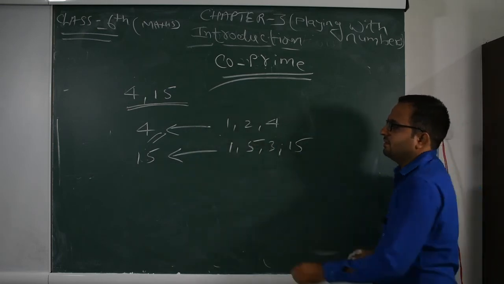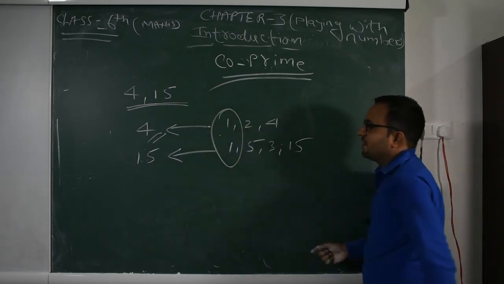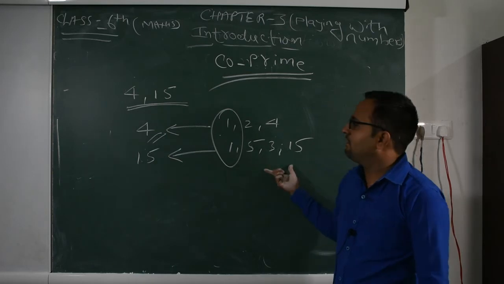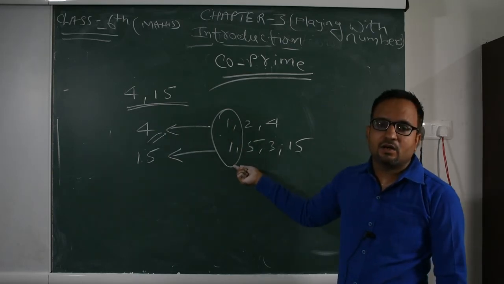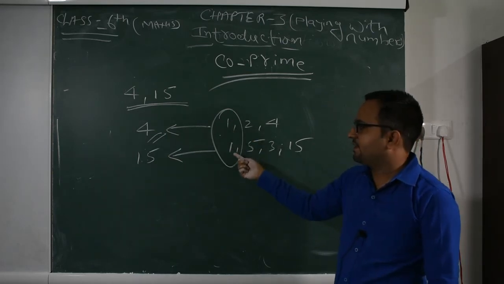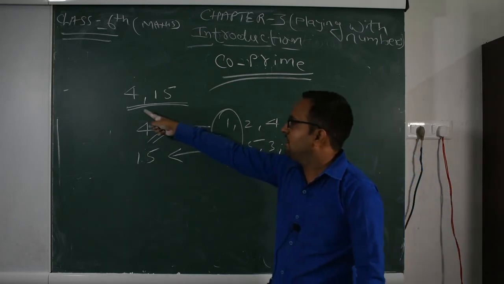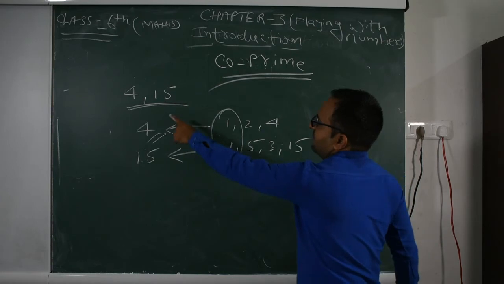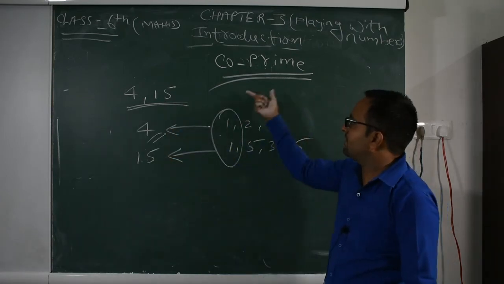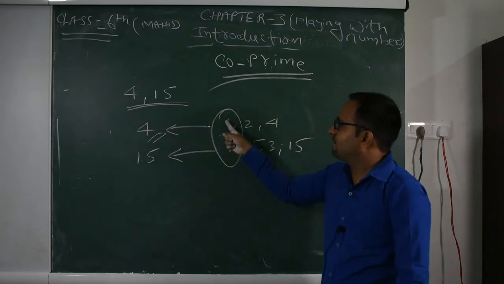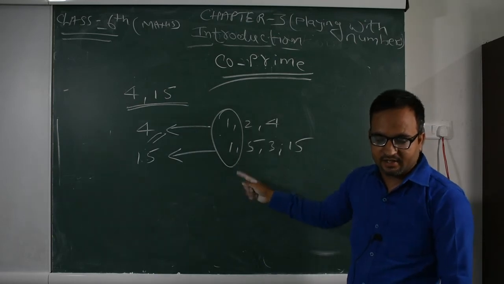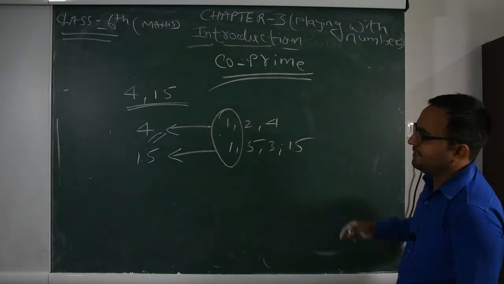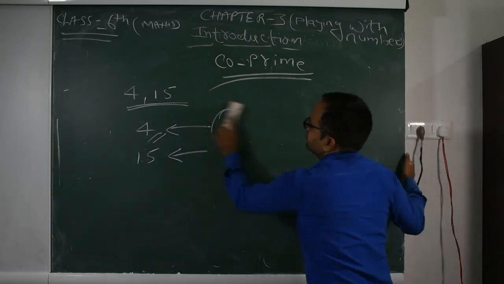Which number is common? Only 1 is common. If you have only 1 as a common factor, we call the given numbers co-prime. So 4 and 15 are co-prime numbers because they have only 1 as a common factor. So this is the co-prime concept.